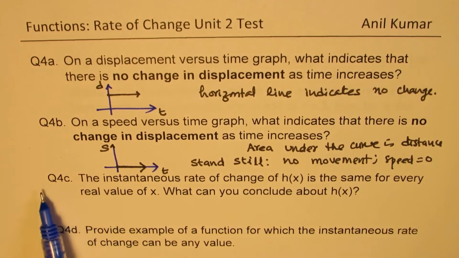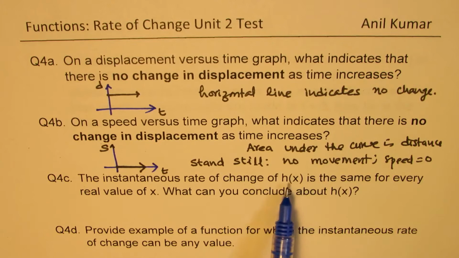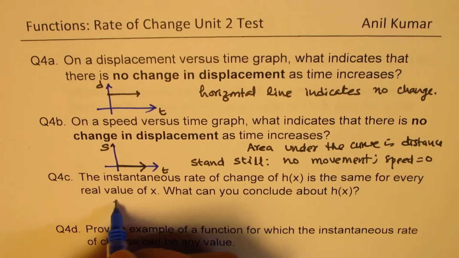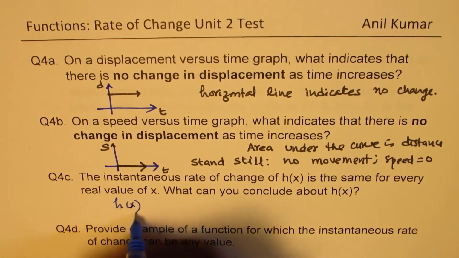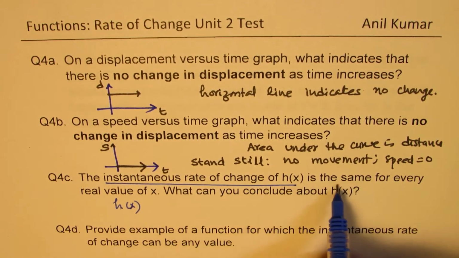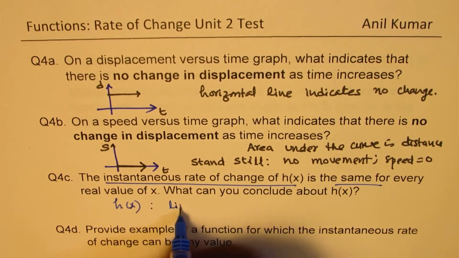Perfect. 4C. The instantaneous rate of change of h of x is the same for every real value of x. What can you conclude about h of x? Now, if the instantaneous rate of change is the same, constant, that means we have a linear function.